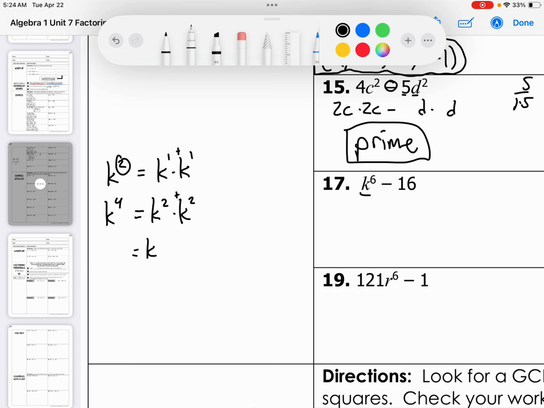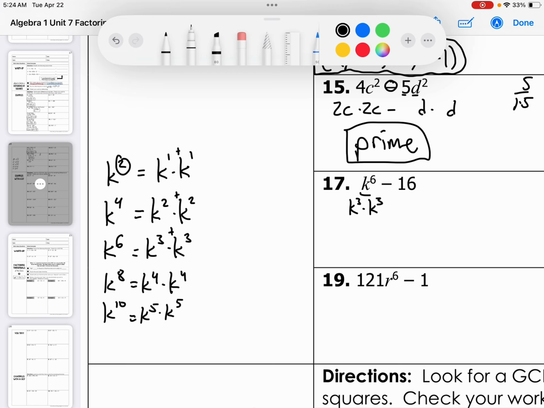Okay, so let's think about what if I had k to the power of 3 times k to the power of 3. If I add those exponents, that would give me k to the power of 6. So if I have k to the power of 6, I can write that as k to the power of 3 times k to the power of 3. Alright, if I kept going, just k to the 4th times k to the 4th, that would give me k to the 8th. K to the 5th times k to the 5th would give me k to the 10th.